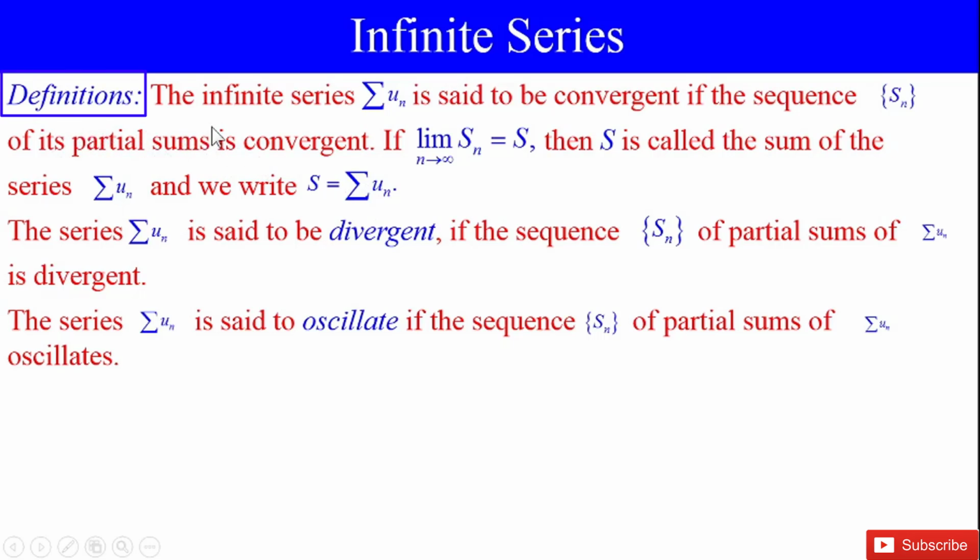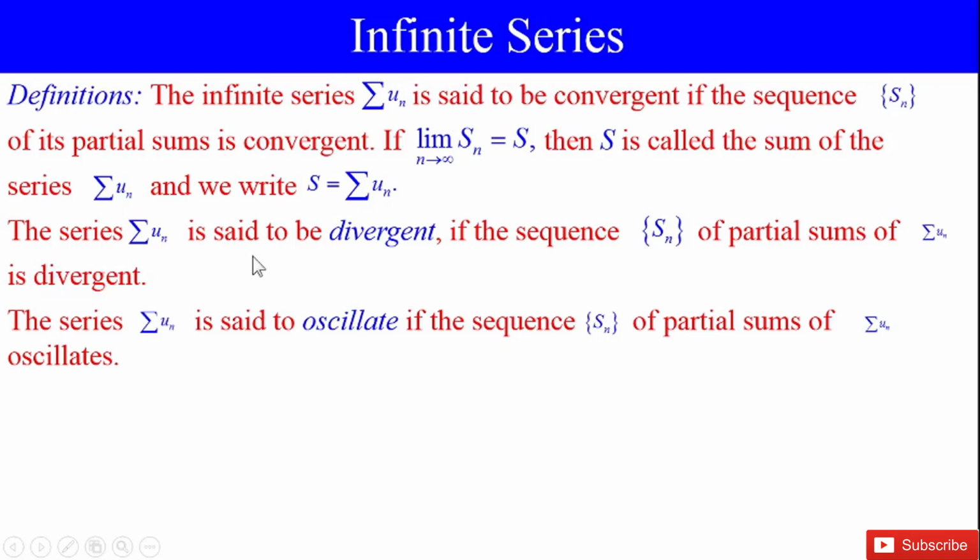Definitions: the infinite series sigma un is said to be convergent if the sequence Sn of its partial sums is convergent. If limit n tends to infinity Sn is equal to S, then S is called the sum of the series sigma un, and we write S is equal to sigma un.